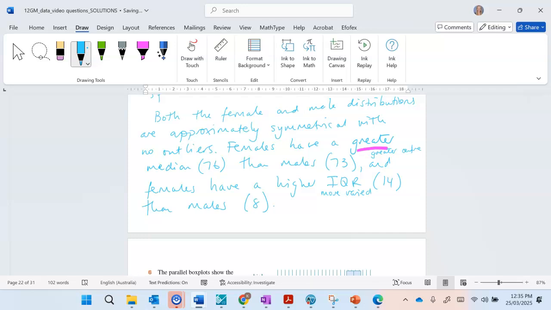Now, if we're making a conclusion, because there is a difference in our medians, and there's also a difference in our interquartile range, but we'll just focus on the median.